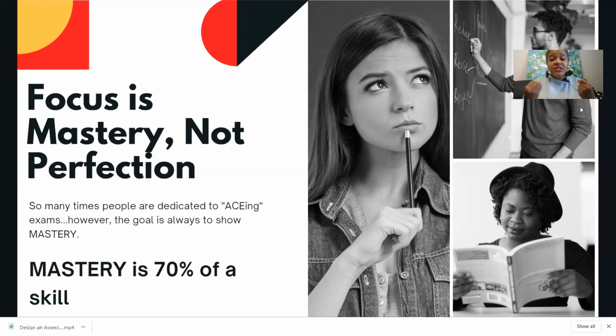The answer is actually yes. You can go back and look at the 1 question that they've gotten wrong. It might be at a higher rigor level. It might be totally different, but it's pretty much understood that they did it twice out of 3 times. So they have mastered the skill, but they probably need more practice. Doesn't mean that they're wrong. They've done the skill, but they're not at a perfected level.